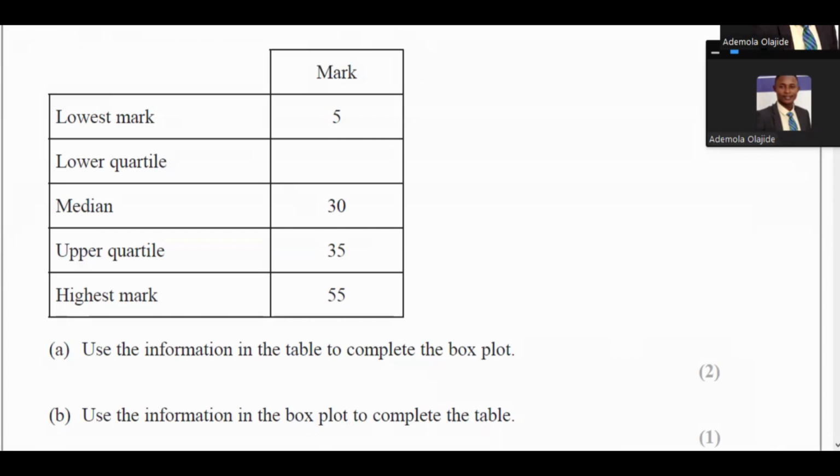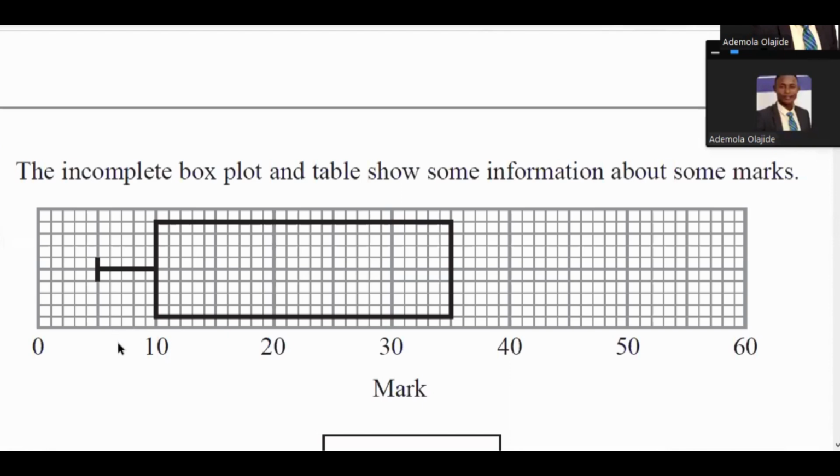So we use them to mutually complete each other. If you look at the box, this place is where we have the lowest mark, and that is 5. That is the minimum, the lowest mark. This one is Q1, the lower quartile.